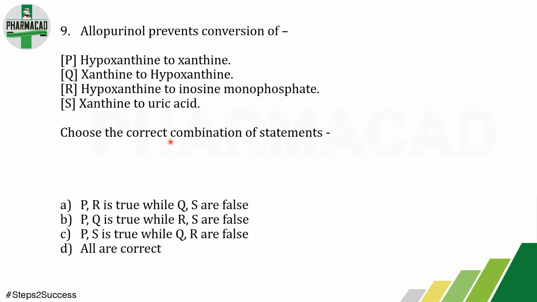So we need to choose the correct combination of statements. Now option A says PR is true while QSR false. Option B says PQ is true while RS are false. Option C says PS is true while QR are false. And D says all are correct.